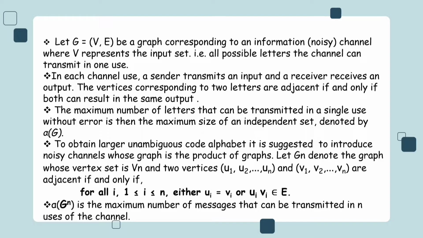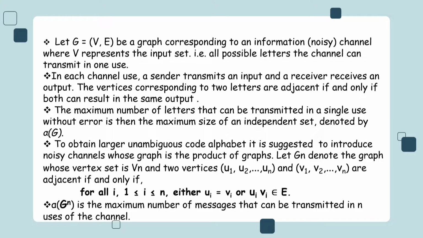In each channel use, a sender transmits an input and a receiver receives an output. The vertices corresponding to two letters are adjacent if and only if both can result in the same output. The maximum number of letters that can be transmitted in a single use without error is then the maximum size of an independent set, denoted by alpha(G).